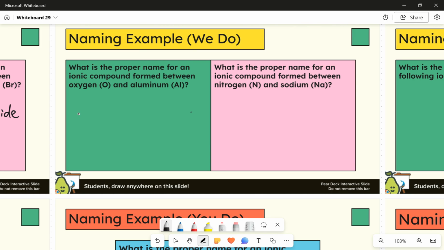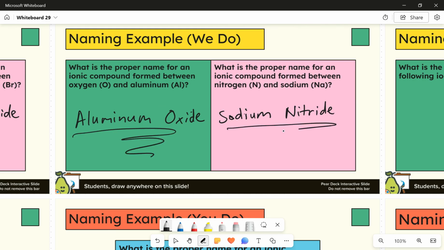That's aluminum oxide. Nitrogen and sodium. Sodium's on the left, so we're going to start with sodium. And then nitrogen becomes nitride. Okay, continuing on.